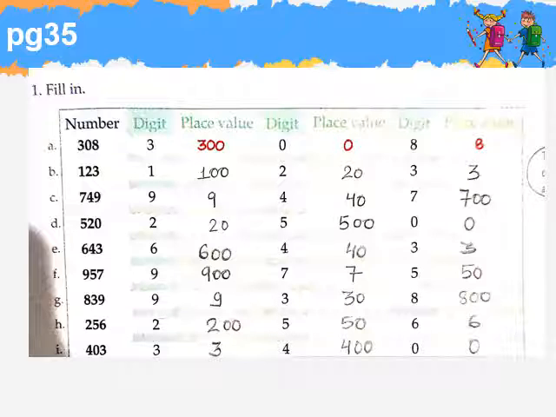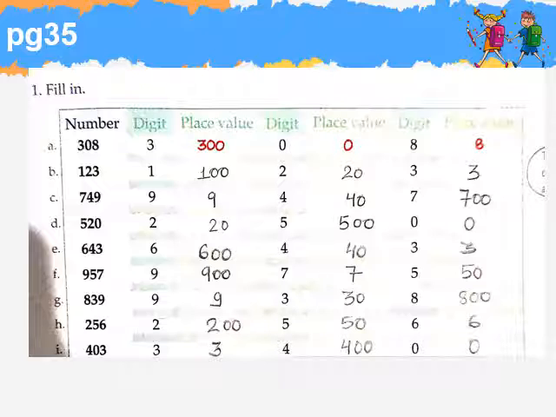Now the next digit is 0. Children, as I told you, the place value of 0 is always 0. Now the next digit is 8, children. So in the number, 8 is at ones place.